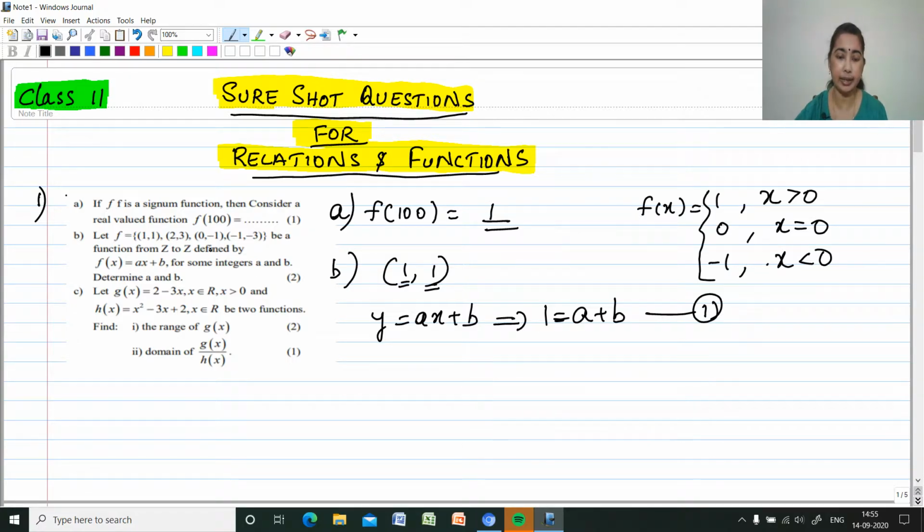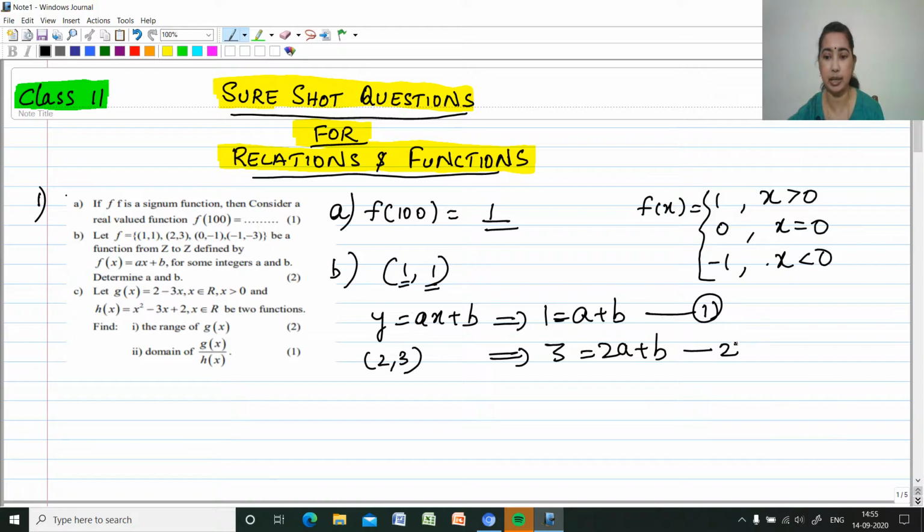Again take the second ordered pair, that is (2, 3). Substituting the values of x and y in the same equation, we get 3 is equal to 2a plus b. Instead of x, I'm giving 2, and instead of y, we give 3. So we are getting two different equations. One is a plus b is equal to 1.